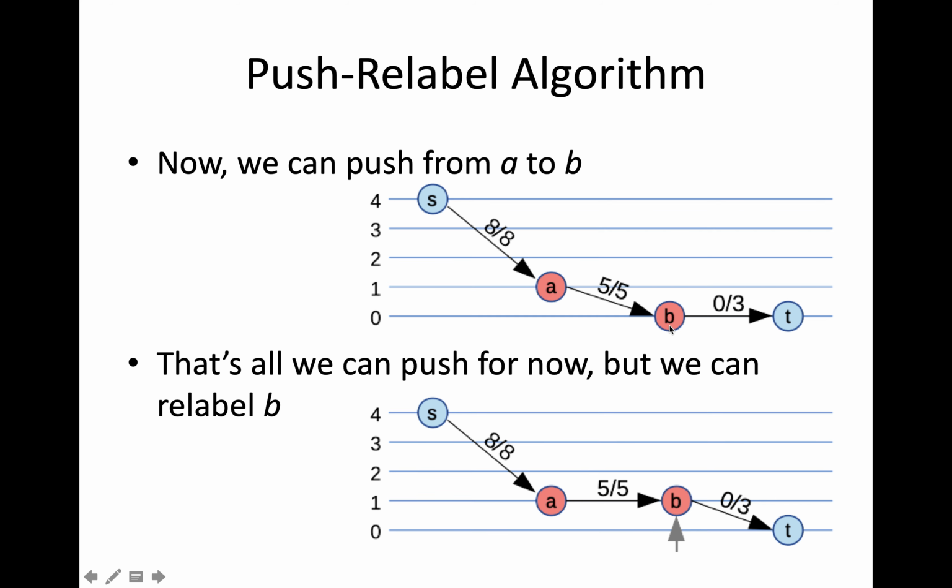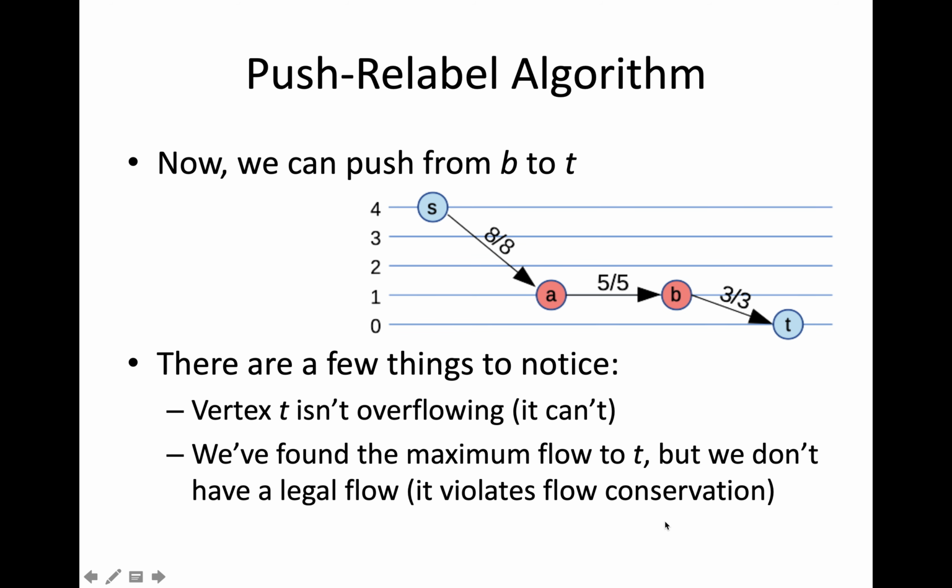It's got a height of 0. It's overflowing, and I've got an edge with some residual capacity that goes to one of my neighbors. So if I relabel B, its height goes up by 1, and now I can push some additional commodity to T. So this bottom picture shows doing the relabel operation, and then I can push. I've got enough overflowing at B that I can saturate that edge going to T.